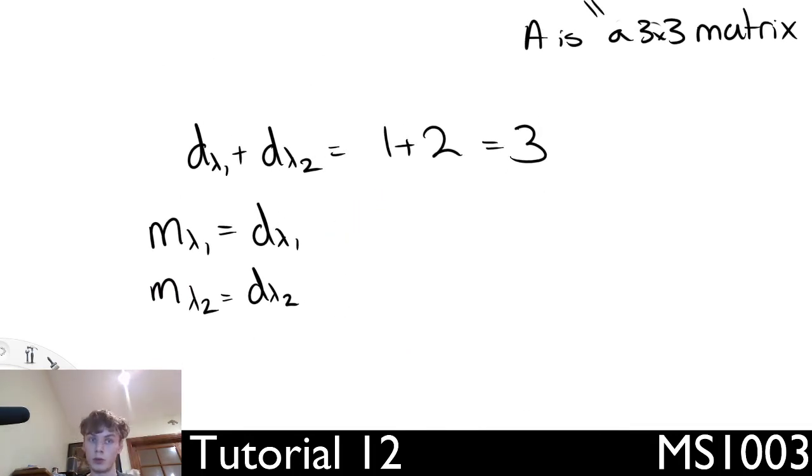So just remember that this isn't always true. In particular, the geometric multiplicities might be less than the algebraic ones. In this case, it's not true, but it can happen. And if it happens to be true, this fact implies diagonalizable.